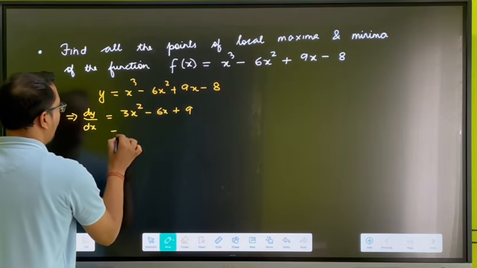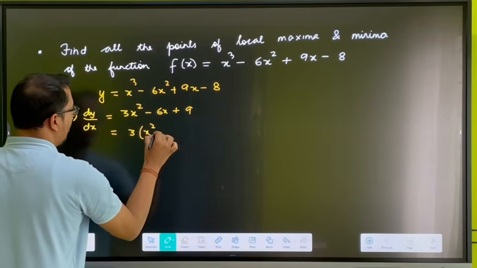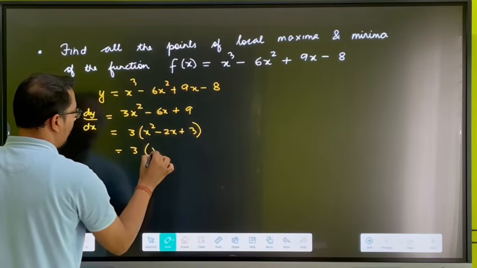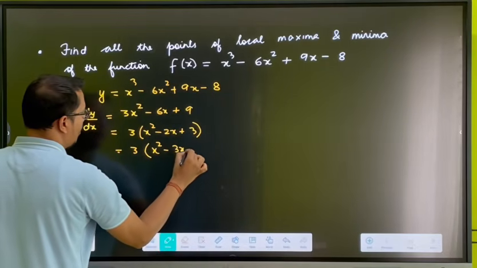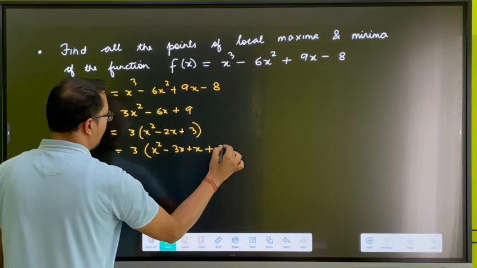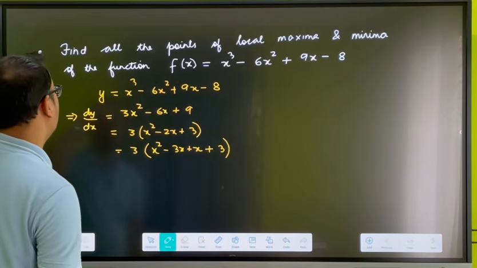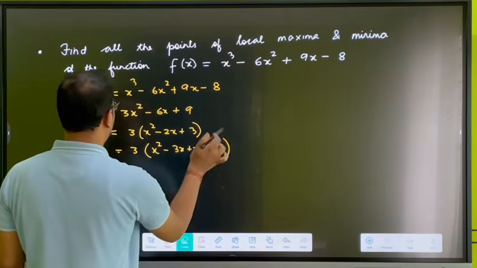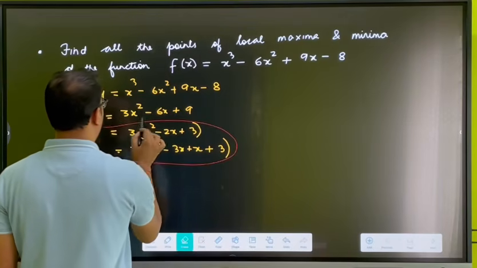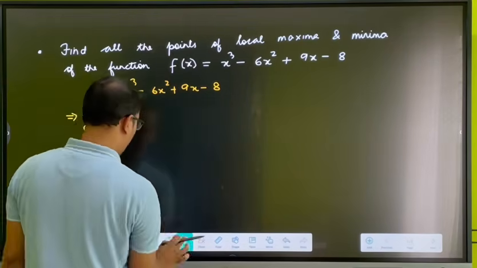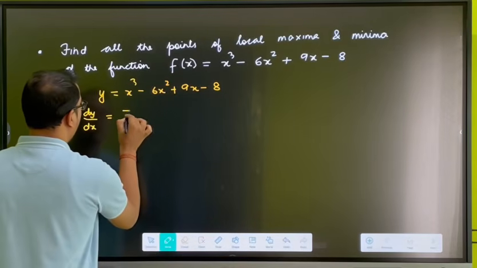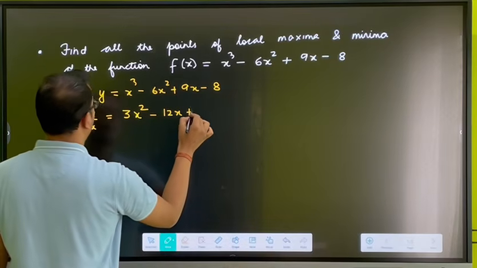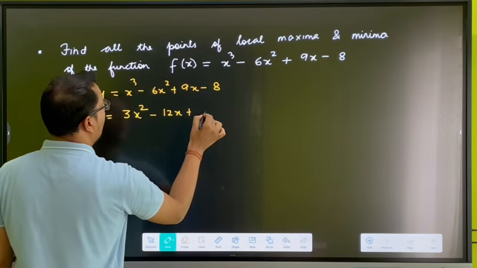Again we will try to factorize it. Let me check, oh sorry, it should be 12x. I am very sorry students, let me do it again. So this will be 3x square minus 12x plus 9.